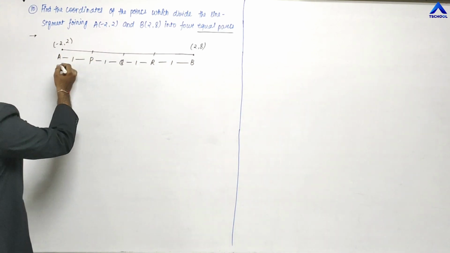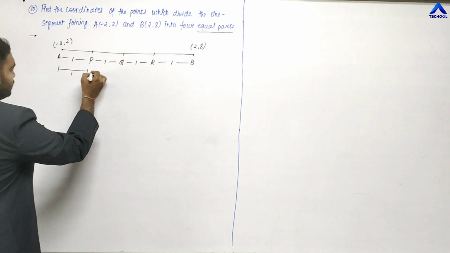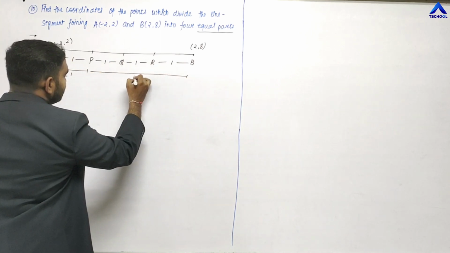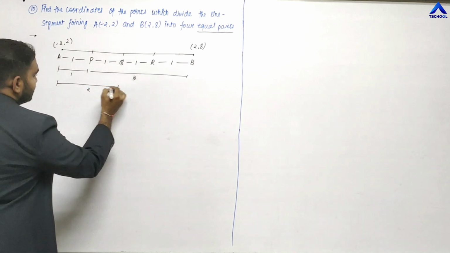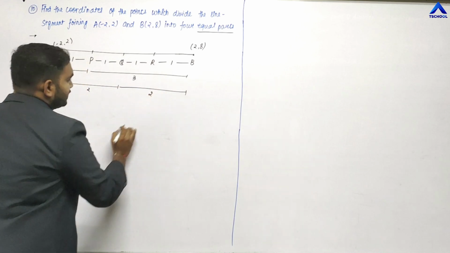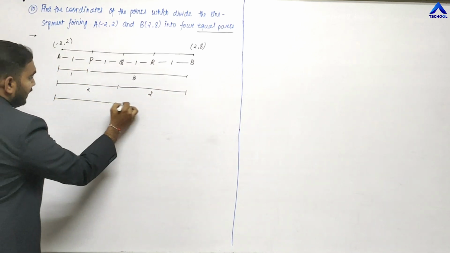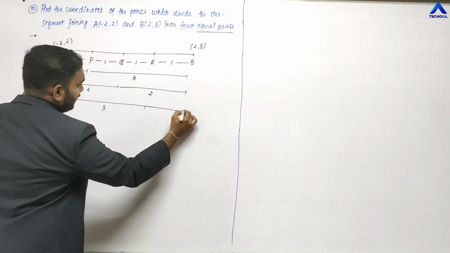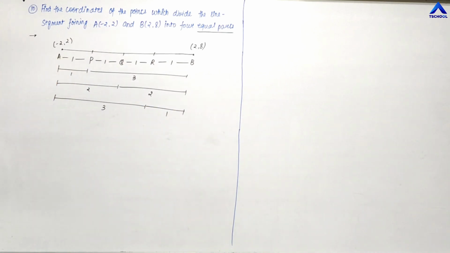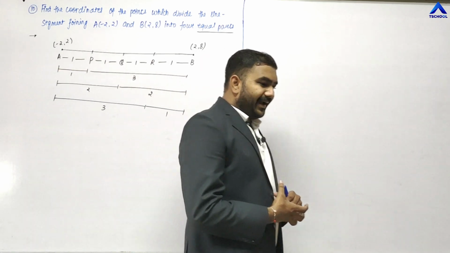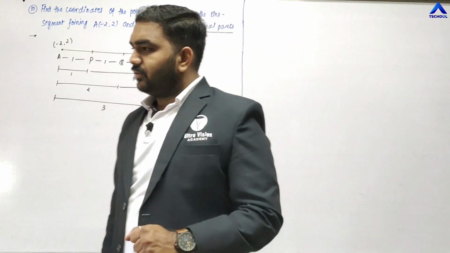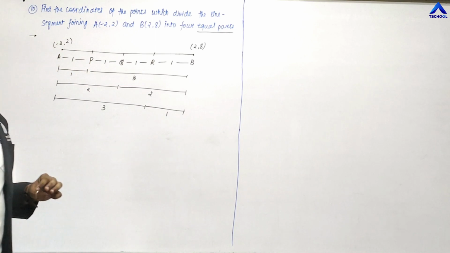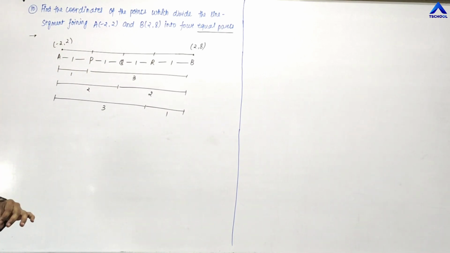So what can you say about P? This is 1 and this distance is 3. What can you say about Q? This distance is 2 and this distance is also 2. And what can you say about R? This will be 3 and this will be 1, right? So friends, here you can clearly see that as the points are lying between A and B, those points are dividing the line segment AB in some ratio.